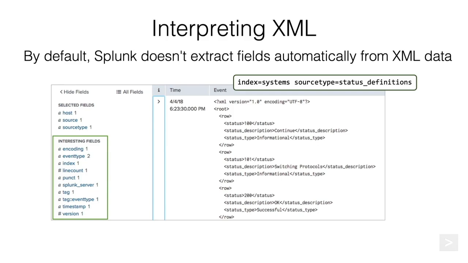However, when it comes to fields, Splunk does not extract them for you by default with XML-based data. You will have to extract field information yourself using something like the spath command to make working with your XML data easier.